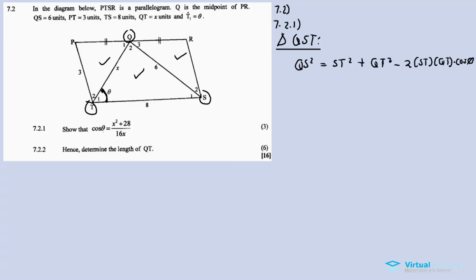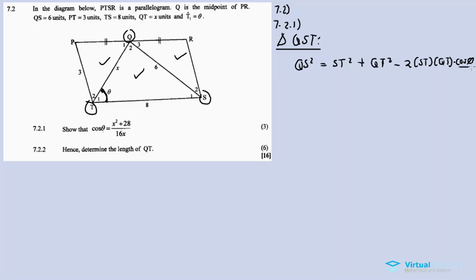So in creating this video, my assumption is that you know how to use these rules now. I'm just reminding you. QS squared is equal to ST squared plus QT squared minus 2 times ST times QT times cos theta.